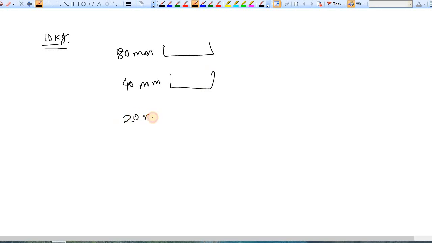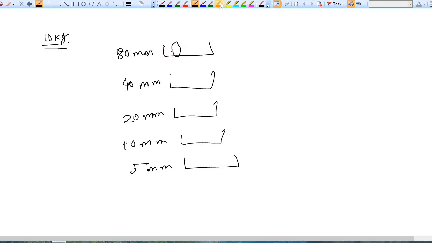Let's say you have taken a total of 10 kg of soil. This is your 80 mm sieve, this is 40 mm, this is 20 mm, this is 10 mm, like that. Let's say this is your 5 mm. So you have all these sieves, and after completing the sieving process, you are measuring the weight in each sieve. Let's say here the particles weigh 3 kg.